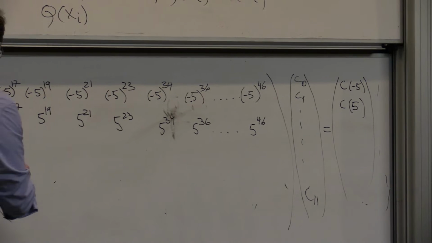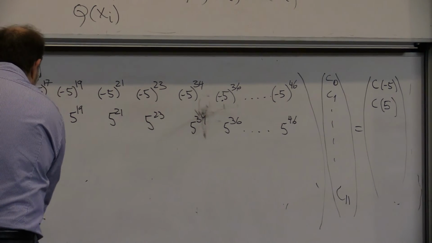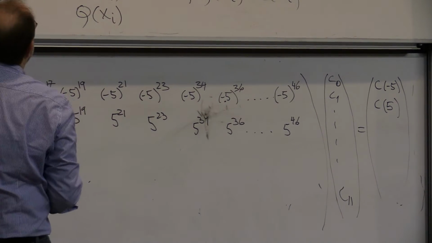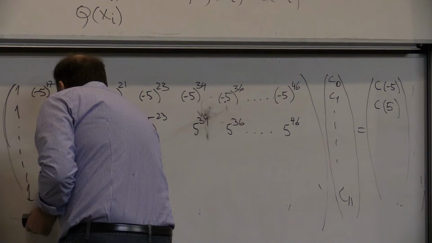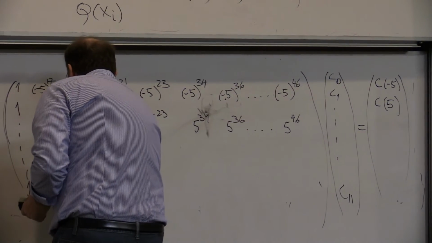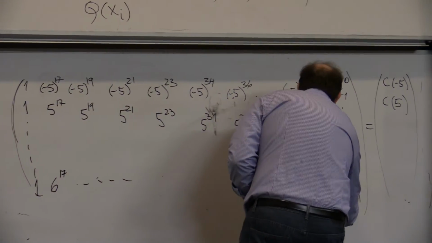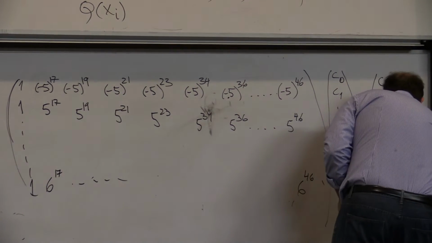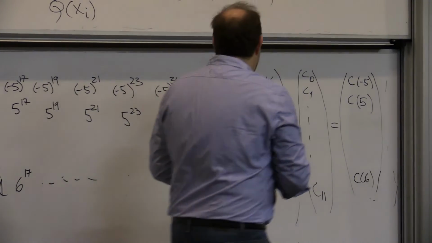So this is our matrix. In the same way, let's write them always in pairs. At the end you will have 1, 6 to the 17, and somewhere here 6 to the 46, and this will be C at value 6, right?